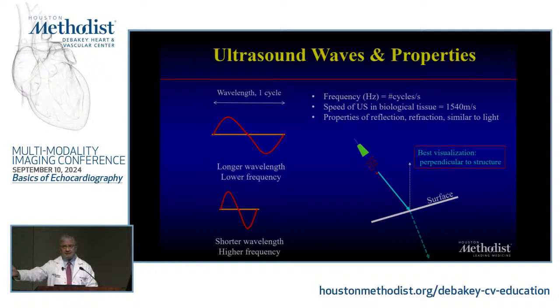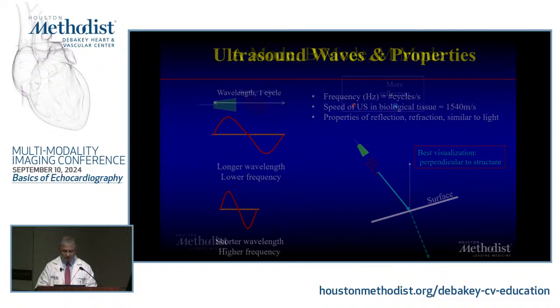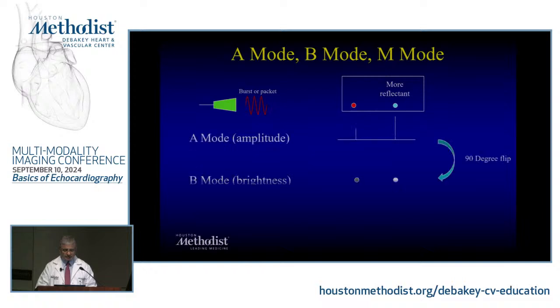The best example is a mechanical valve in the mitral position, which reflects almost everything back, and I won't be able to see the atrium as well as I'd like. So the more reflection you have, the less refraction and the less penetration you're going to have after this particular structure. Okay? So that's B mode.